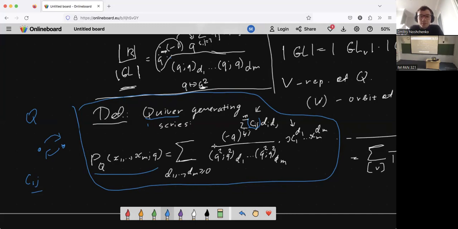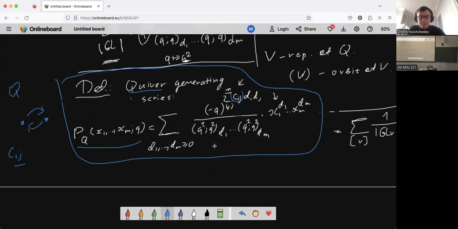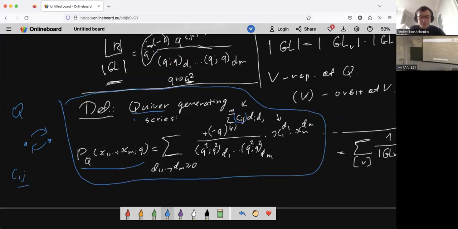In principle, you don't have to study representations over a finite field. You can study more general representations, but this just gets more technical, and for the purpose of these lectures I will not go there. So we can continue with this object here.